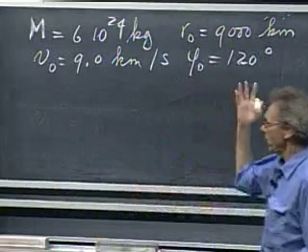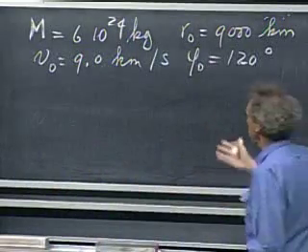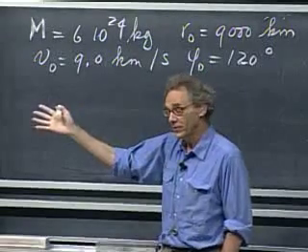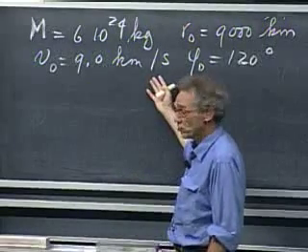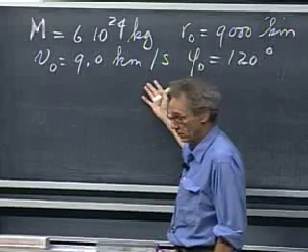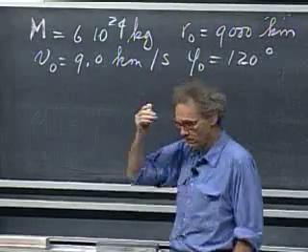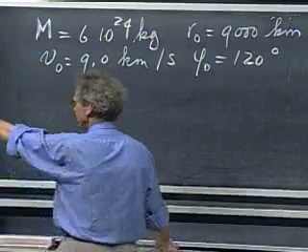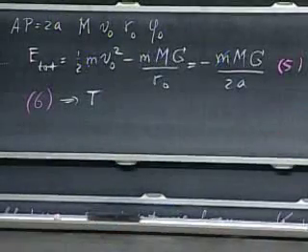First of all, with equation 5, you can convince yourself, sticking in these numbers, that the total energy is indeed negative. Of course, if I make the total energy positive, it's not an ellipse. So then it's all over. It is negative, it is an ellipse. So with equation number 5, I then pop out A. Because that's one equation with one unknown. And I put in the numbers.